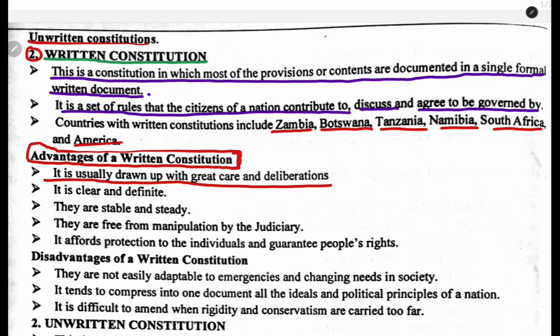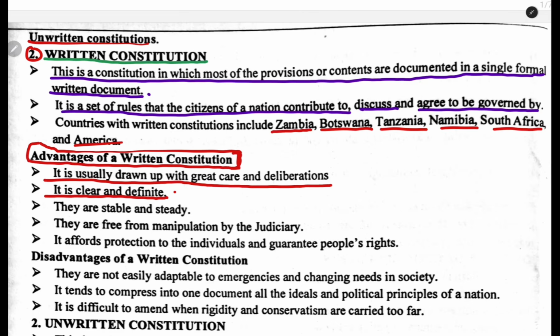Okay, so when coming up with this kind of constitution, you consider all different angles in the society. You consider different social groups, that is social status, race. You consider all those things. So it is drawn with great care and consideration, and therefore it represents everyone. It is clear and definite.